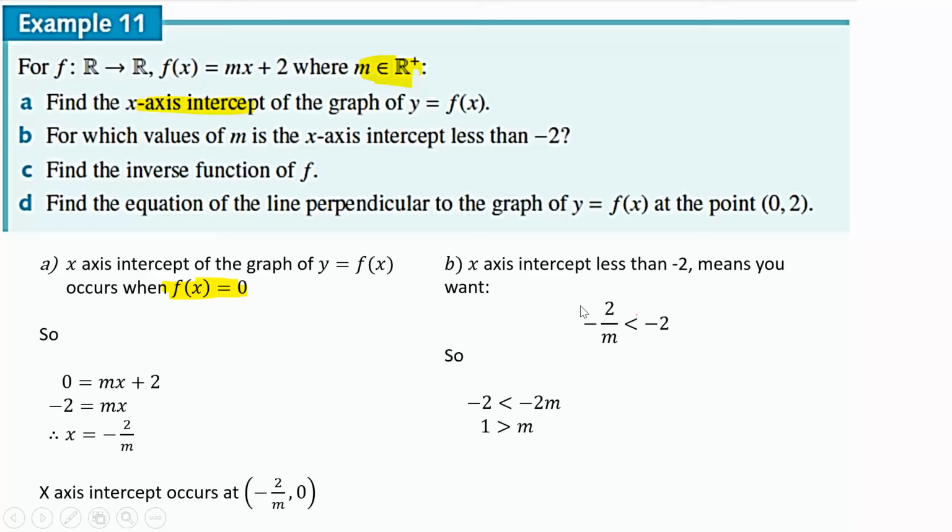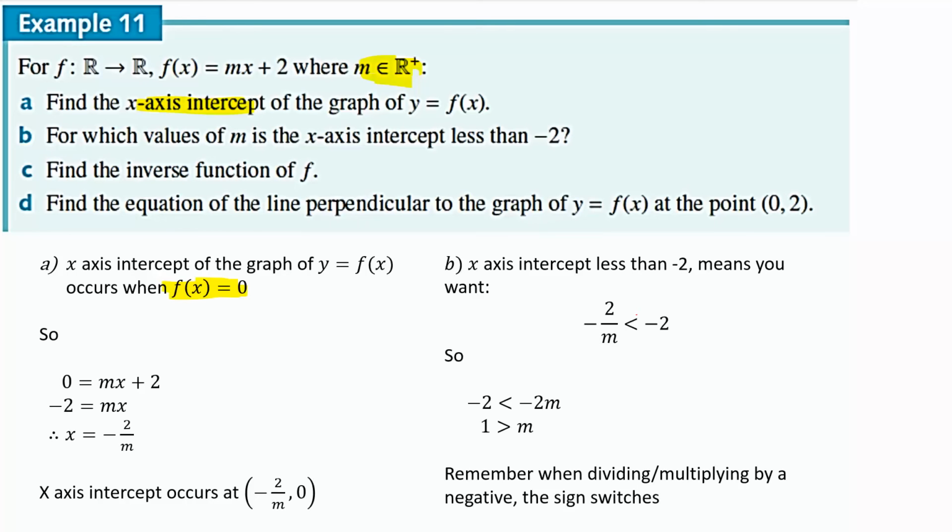Therefore, dividing both sides by -2, which gives 1, is a fair call, but don't forget that every time you divide or multiply by a negative, the sign switches. And so if you chose m less than 1, it's all good. You'll always get anything that's going to be less than -2.